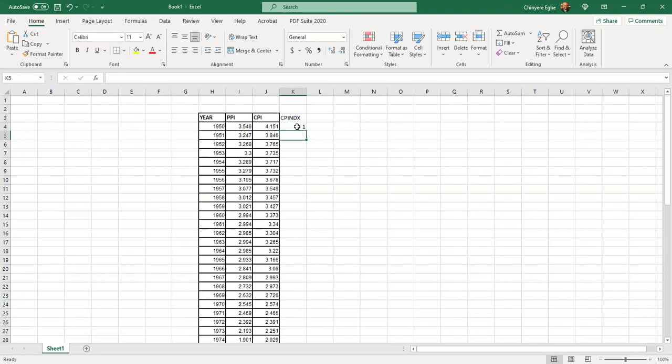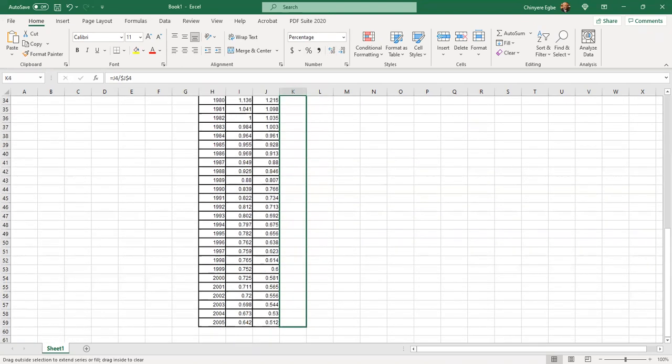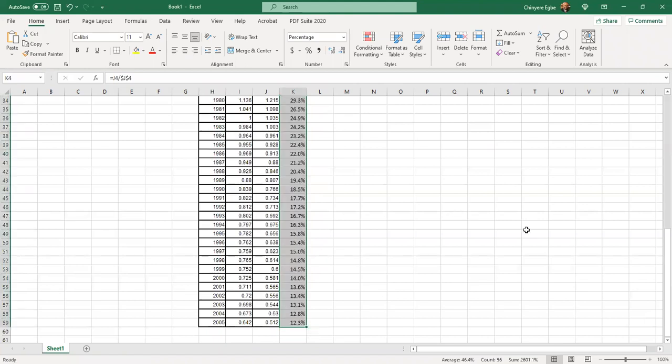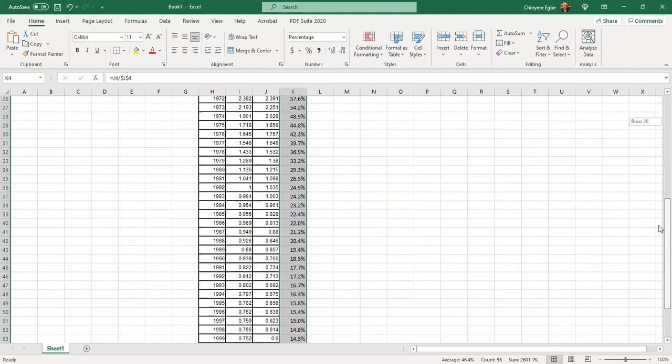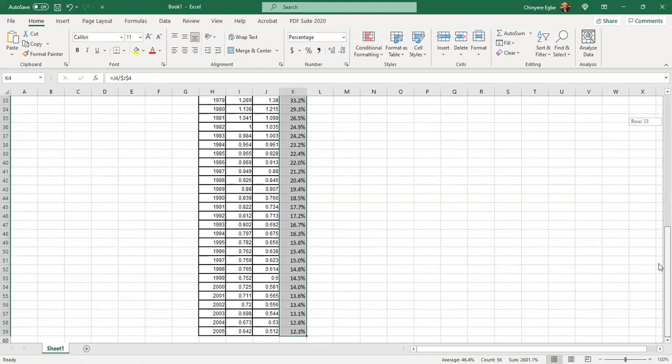Okay, and I'm going to make it a percentage. And you just drag it down. And so you can see how the consumer price index has changed between 1950 and 2005. Okay.